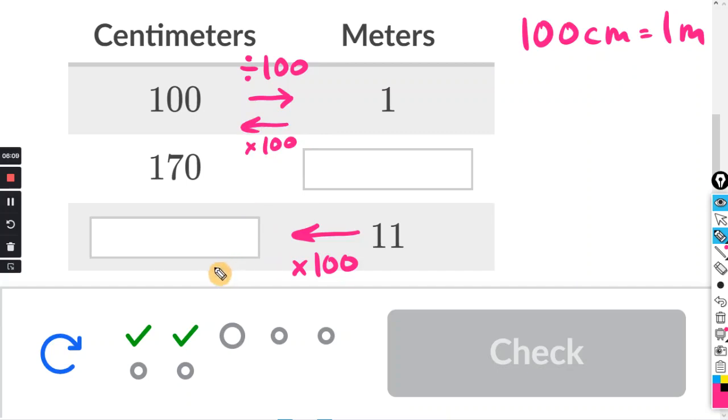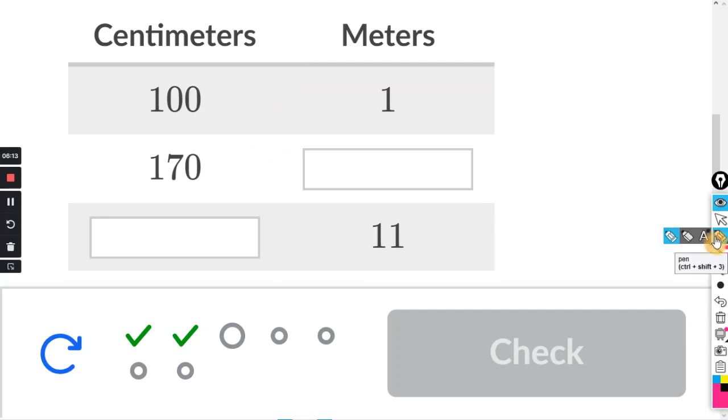So let's see. To go from centimeters to meters, 170 centimeters divided by 100. You just move the decimal over 2 places when you divide by 100, and that's going to be 1.7.